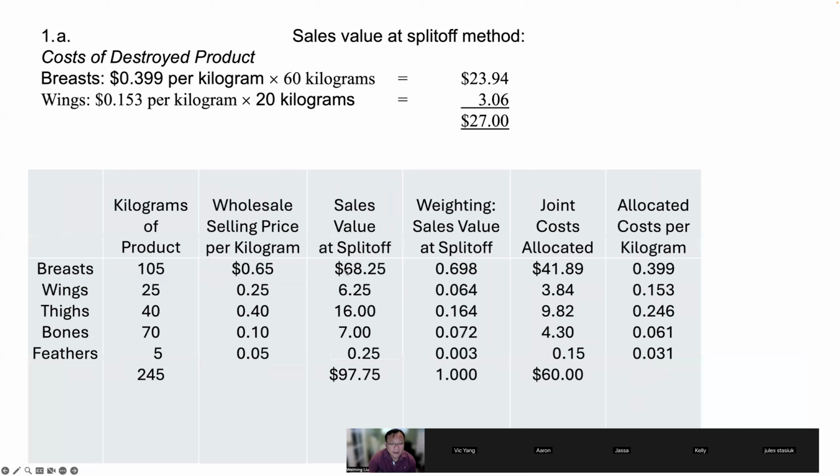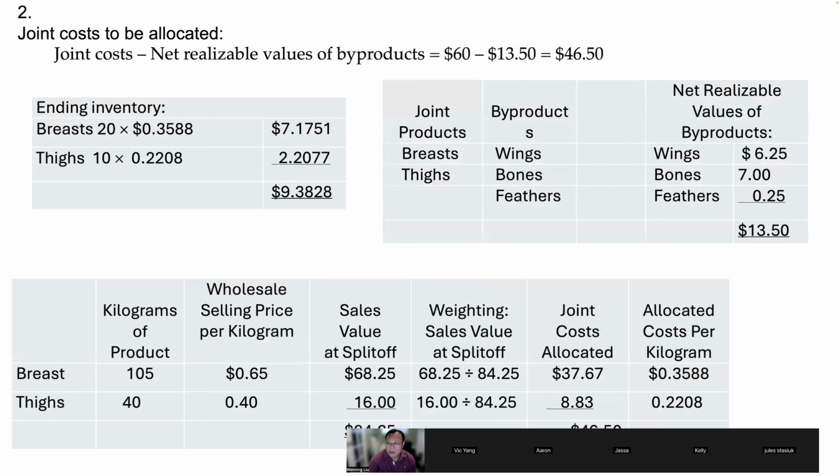So you can see I can sell these wings 6.25. I can sell all the bones to get $7, sell all the feathers to get 25 cents, right? So wings for 6.25, bones for 7, feather for 25 cents.